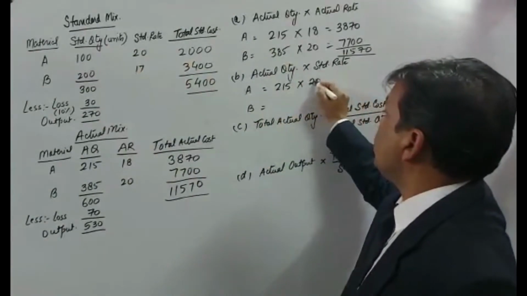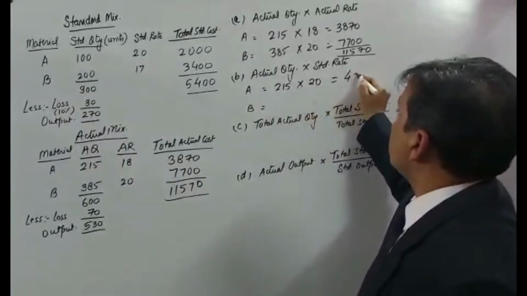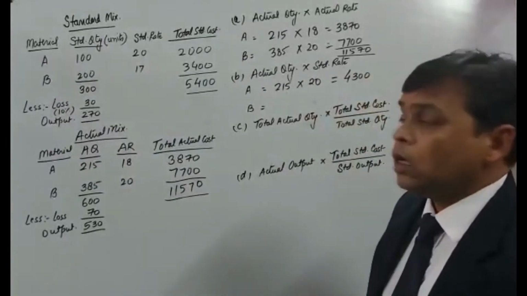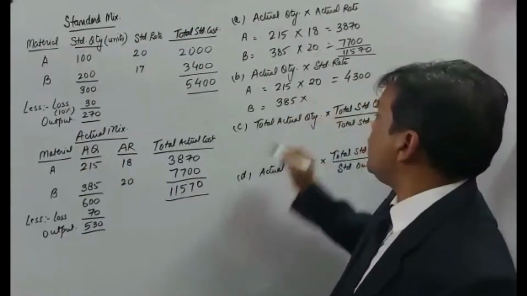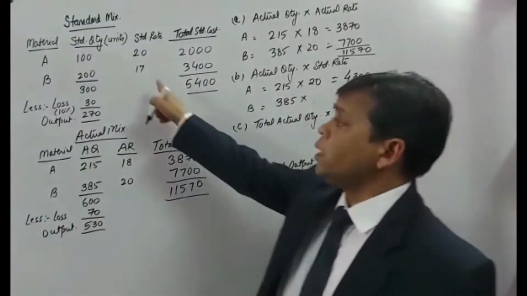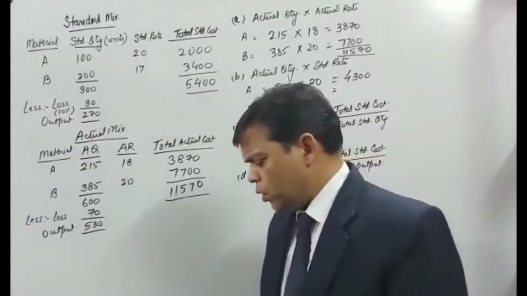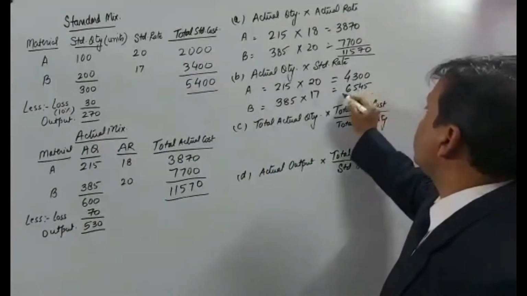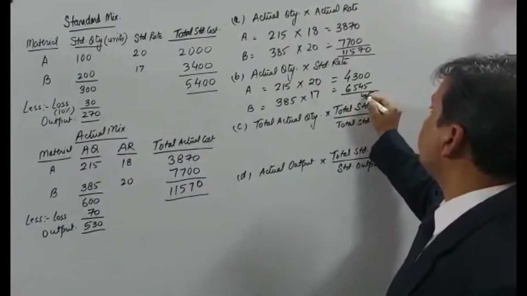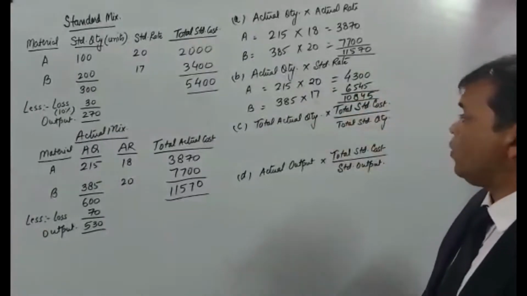So 215 into 20 gives you 4300. For B, the actual quantity is 385 units and the standard rate is 17, which gives you 6545. The total is 10845.